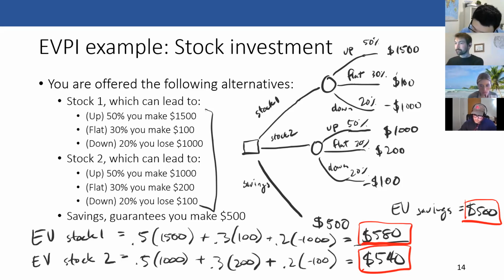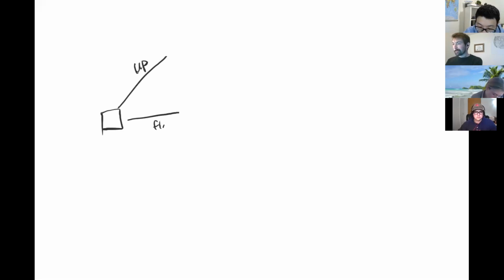So let me clear this, and we'll just go to a new whiteboard. Okay, so the way that I would do this is to create a new decision node at the beginning where I can choose for my stock to go up, to be flat, and to go down.